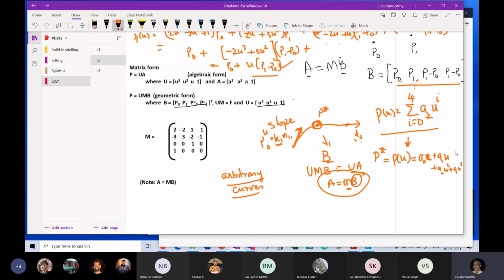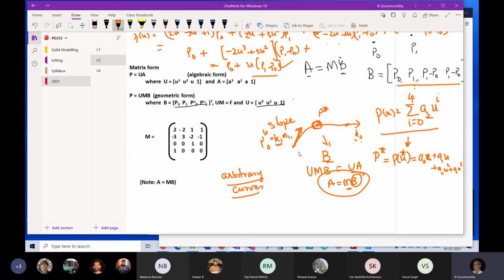This doesn't help you, right? Because unless you get some equation in terms of a0, a1, a2, a3, you cannot use this to solve for the unknown entities, right? And the only way you can do that is by prescribing for what value of u do you want this point to lie on the curve.